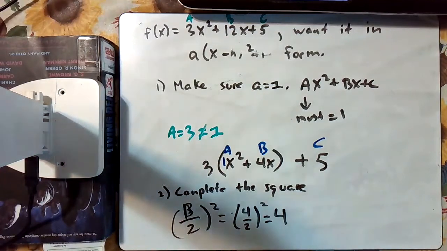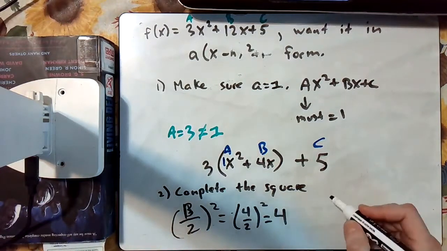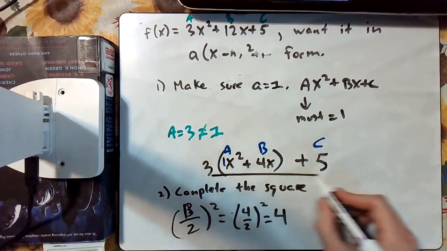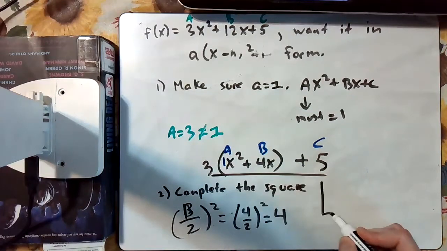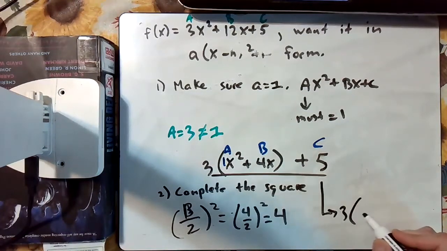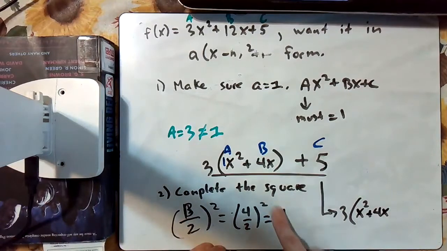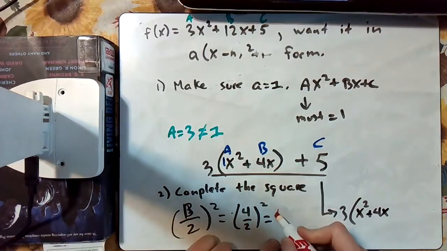Now, what are you going to do with that? Remember, we completed the square with the circle problems. We added it to both sides. Well, you're going to do something similar over here, but we're going to have this. This will now become 3, and then x squared plus 4x, and I'm going to leave this 4 here in red.